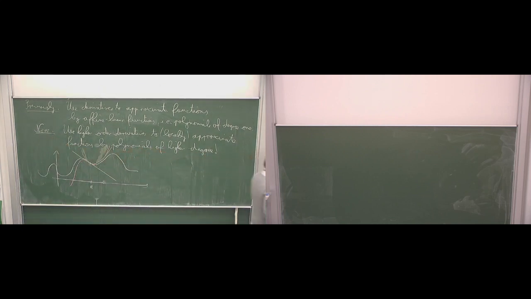So what's the idea? Assume we have some function going from some interval to the complex numbers, and assume this is n times differentiable for some n. And we want to approximate this by a polynomial of degree n. Okay, so n is some natural number, and assume we have some point a in I, where we want to locally approximate this.